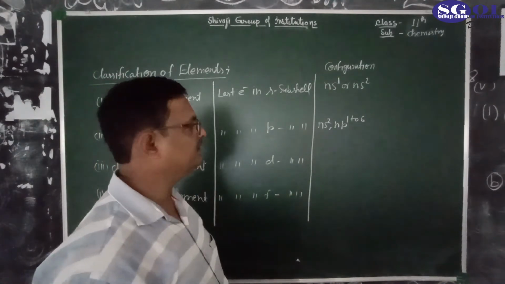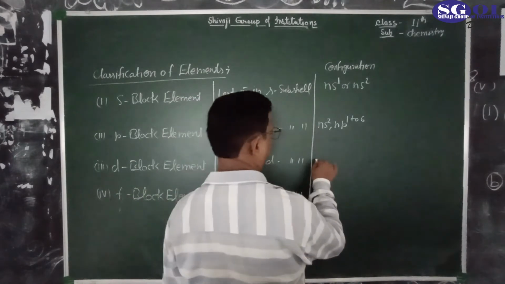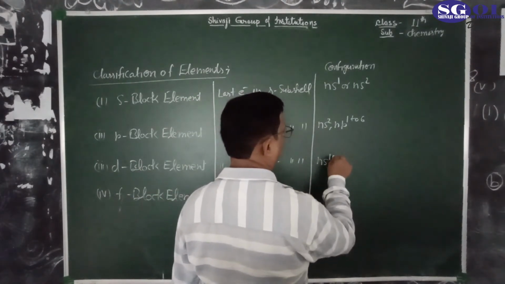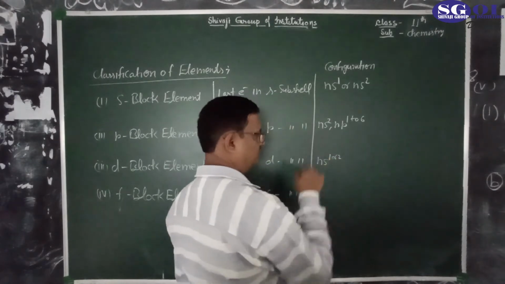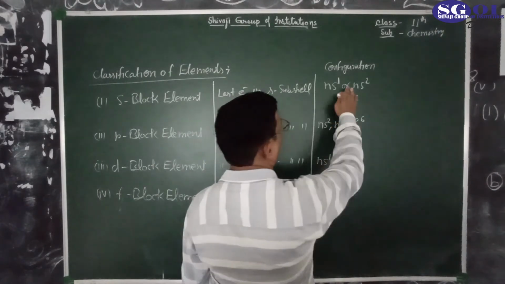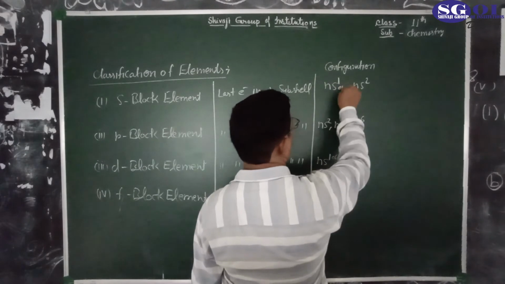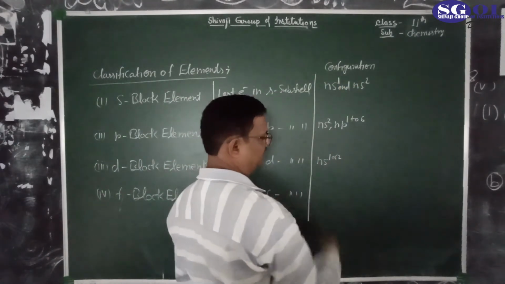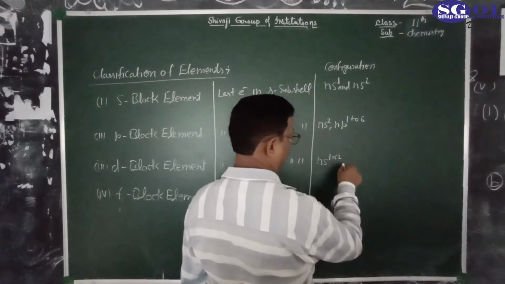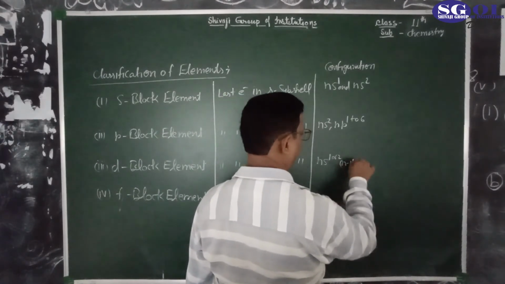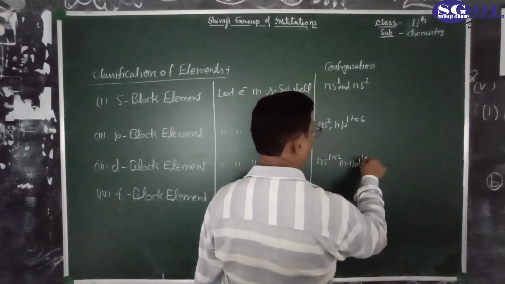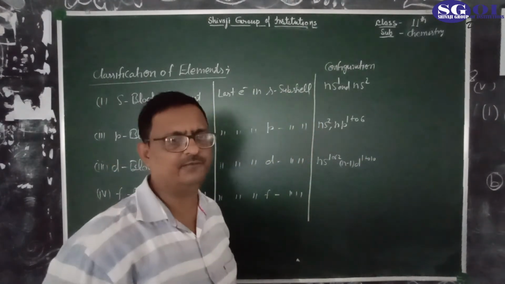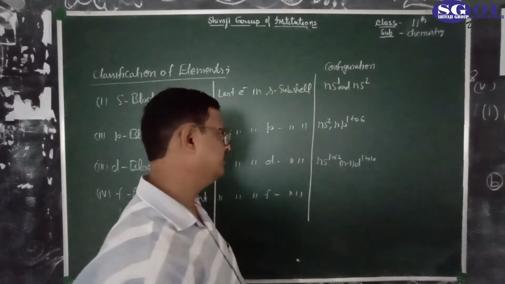Now the D block element general configuration is ns1 or 2 and (n-1) d1 to 10, which means the electrons in the D subshell vary from 1 to 10.